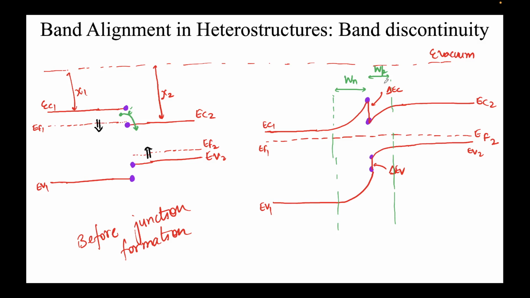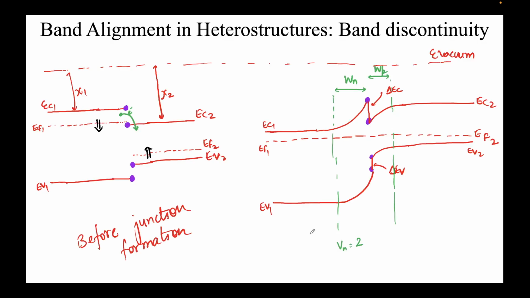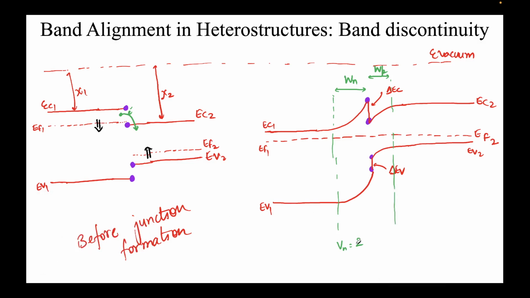So this is the extent of the built-in potential, so we can write it as phi n. This will simply be Q N D Wn square over 2 epsilon naught epsilon n.